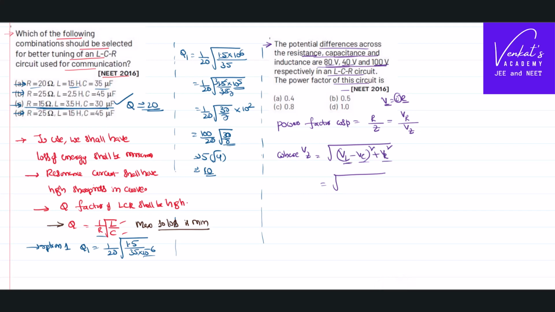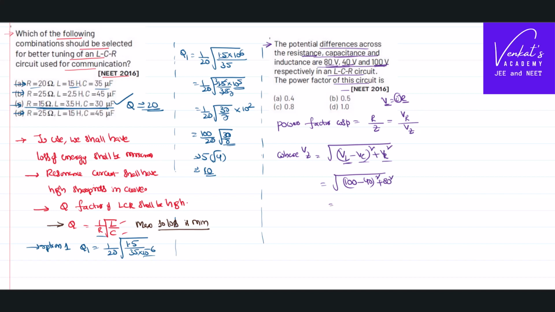So, VL minus VC means 100 minus 40, whole square, and VR square is 80 square.